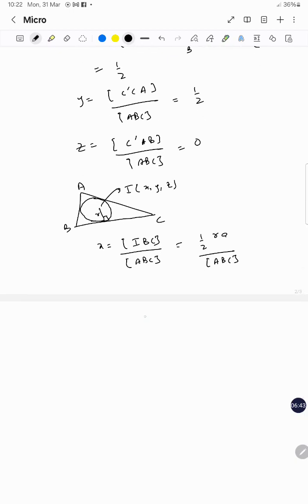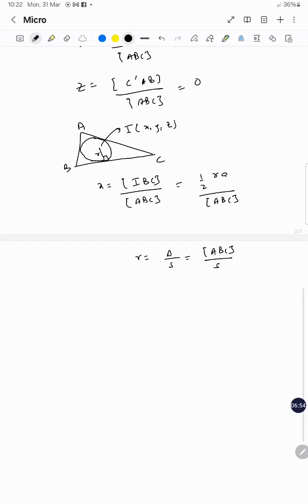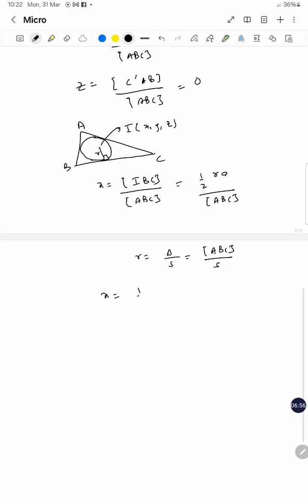Now there is a relation between r and the area, which is r is equal to triangle by s. So x is equal to half r a upon r s, so this is half a upon s.